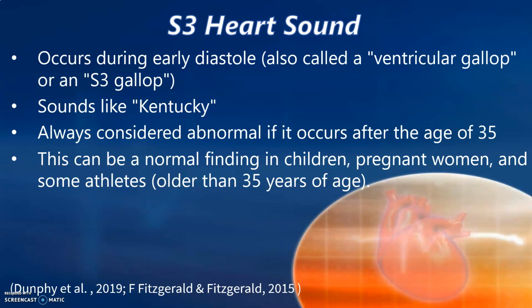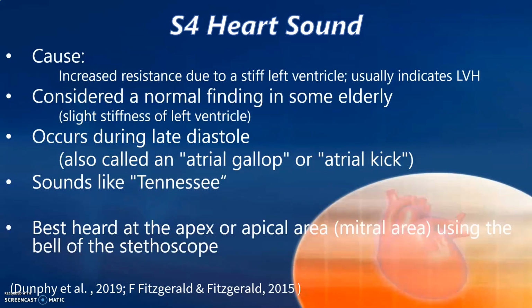However, this can be a normal finding in children, pregnant women, and some athletes older than 35 years old. So please keep in mind that this can be a marker of ventricular overload, systolic dysfunction. This tells us that there is something wrong with the ventricle overloading. It causes a systolic dysfunction in the heart.